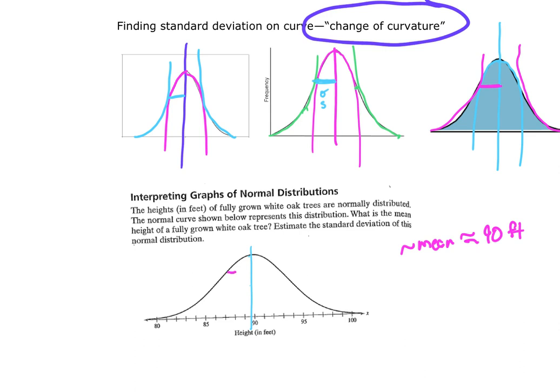So your standard deviation for this set is about right there on that one. So standard deviation is about 3 feet. So that's what you have to be careful about, is that if you go too far out, it's not going to be very accurate in terms of what you're saying for standard deviation.